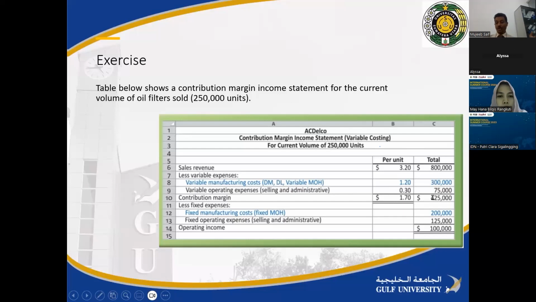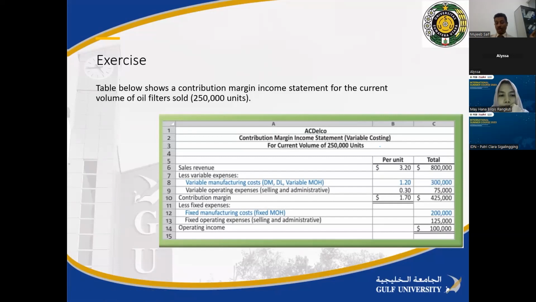425. What is the meaning of contribution margin? Contribution margin is the remaining amount after we deduct the variable cost, right? So revenue in total is 800,000 minus variable cost in total of 375,000. So contribution margin is 425,000.